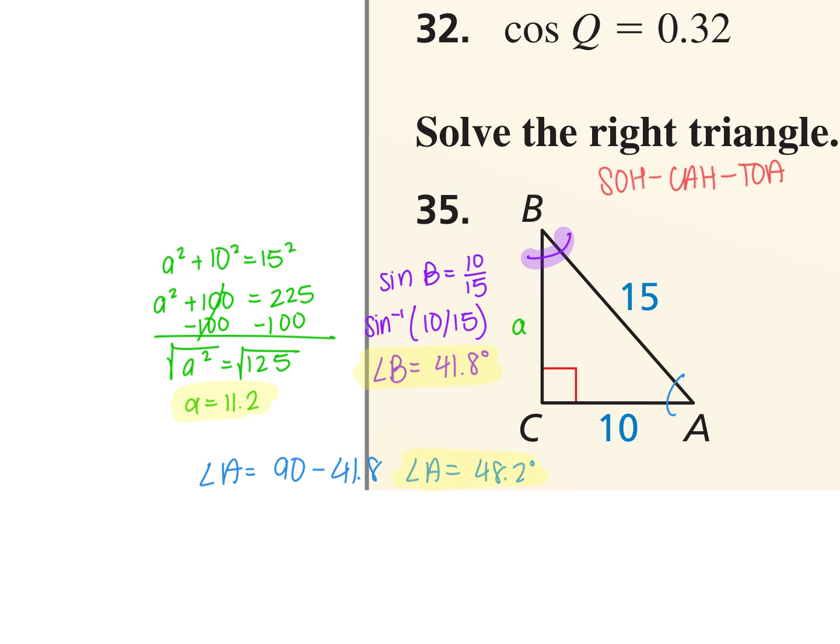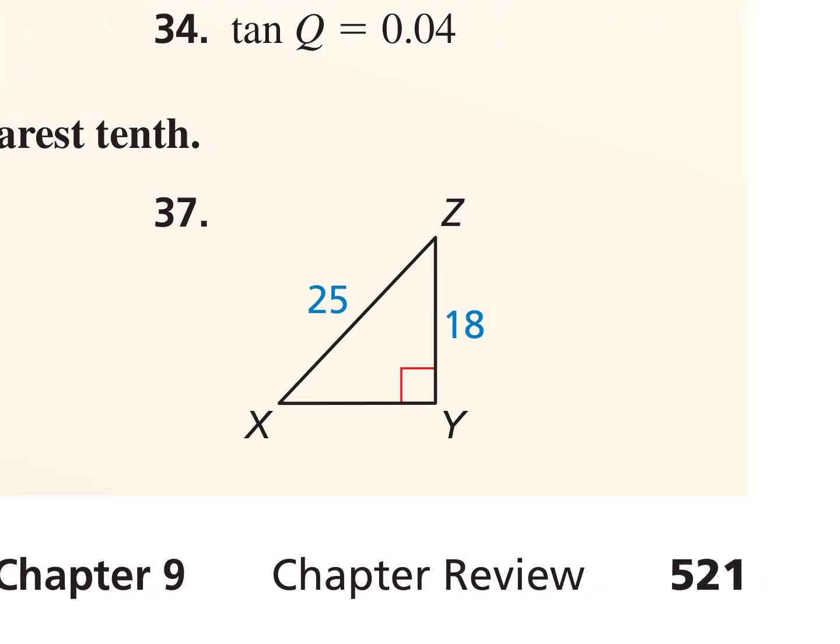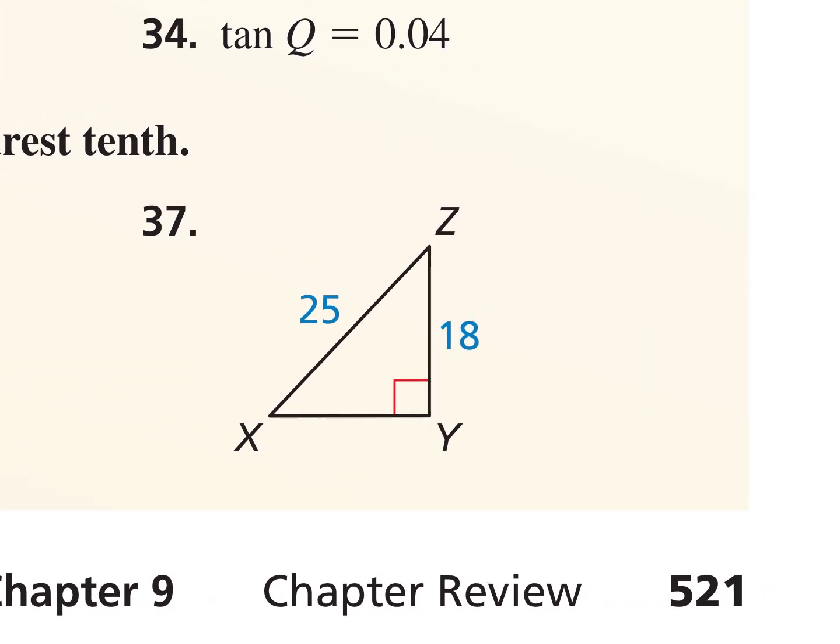All right, looking at the last question, 37, same thing for this one. I'm going to go ahead and call this side z. I'm going to have z squared plus 18 squared equals 25 squared. z squared plus 324 equals 625.